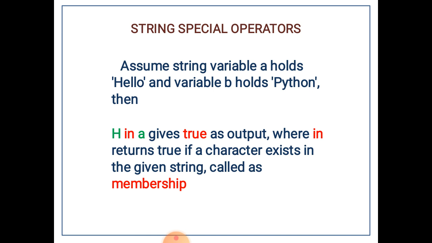If it is true there, then it is clear that the character is present in that string. So the in operator in Python returns true if a character exists in the given string, and this operator is also called the membership operator.